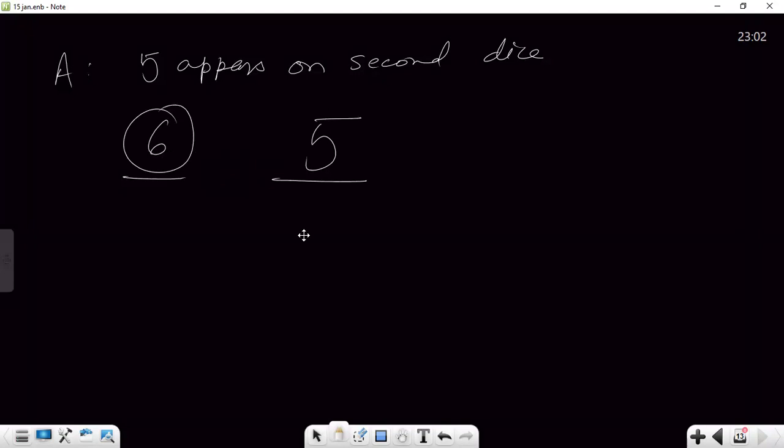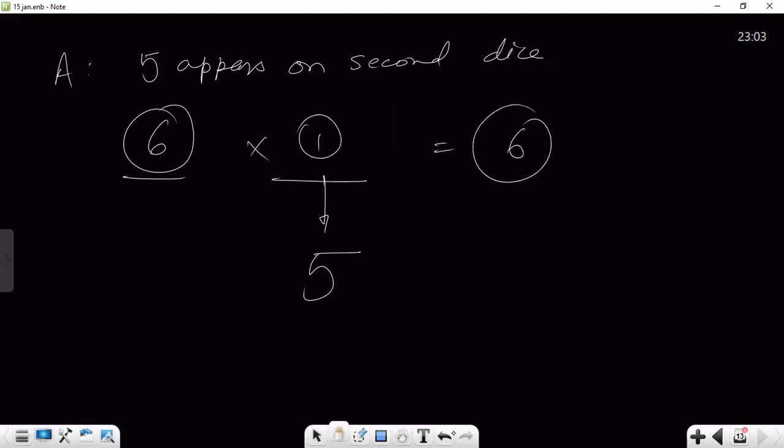Here only 1 choice, that is 5. This is the only choice available. How many total cases are there? 6 favorable cases divided by 6 square, that is 1 by 6. Probability of event A is 1 by 6.